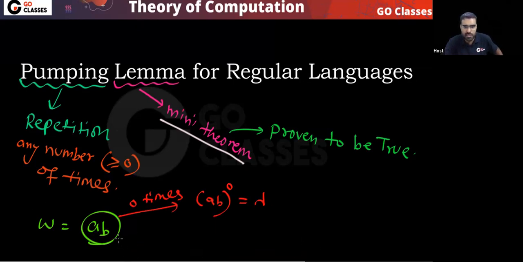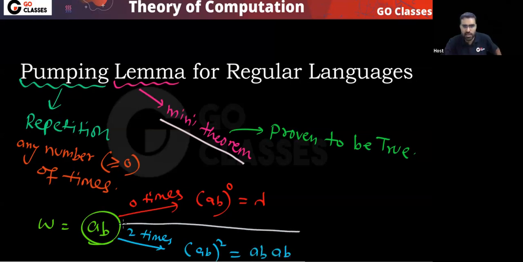If I repeat this string 2 times, AB power 2, I will get ABAB. If I repeat this string 1 time, I will get AB.